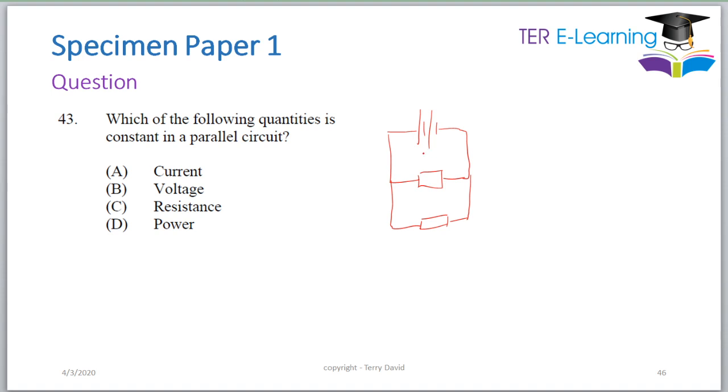What we do know about a parallel circuit is that the current flowing through my components may not be the same, right?